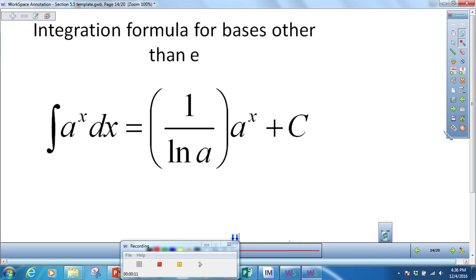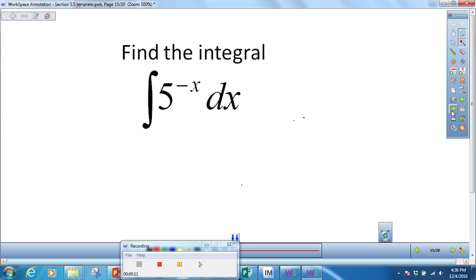Okay, so now let's look at integrating with bases other than e, and this is our formula. We are going to have to use a u substitution here. If we let u equal negative x, then du is equal to negative dx.